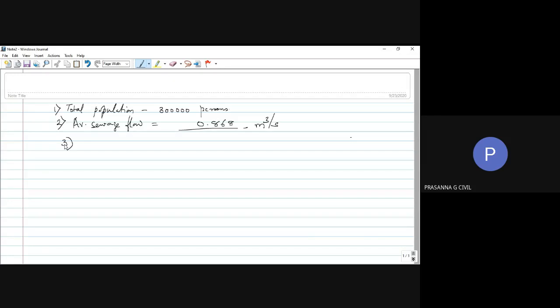So what will be the total flow? Maximum sewage flow? So it is like saying 100% is double that. 1.736 meter cube per second. So we have calculated our dry weather flow.